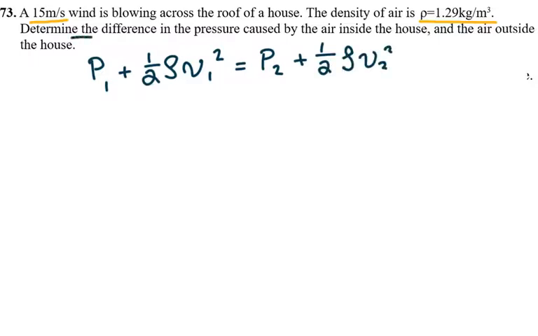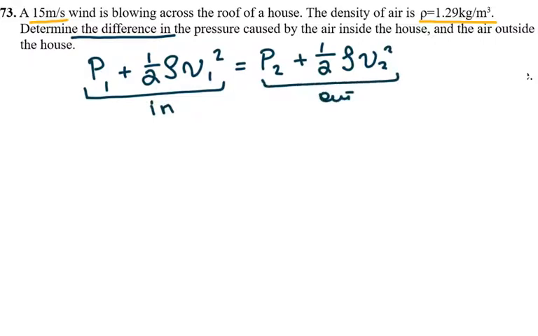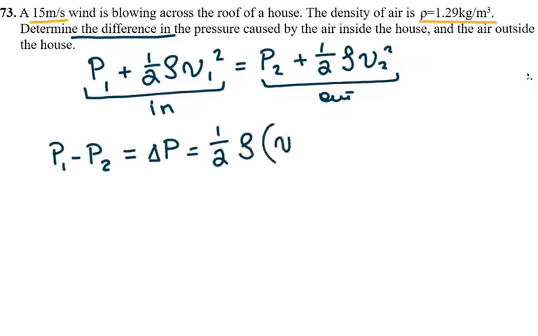And they ask you to determine the difference between them, so if this is inside of the house and this is outside of the house, then the difference P1 minus P2, or change of the pressure, is equal to 1/2 rho times V2 squared minus V1 squared.